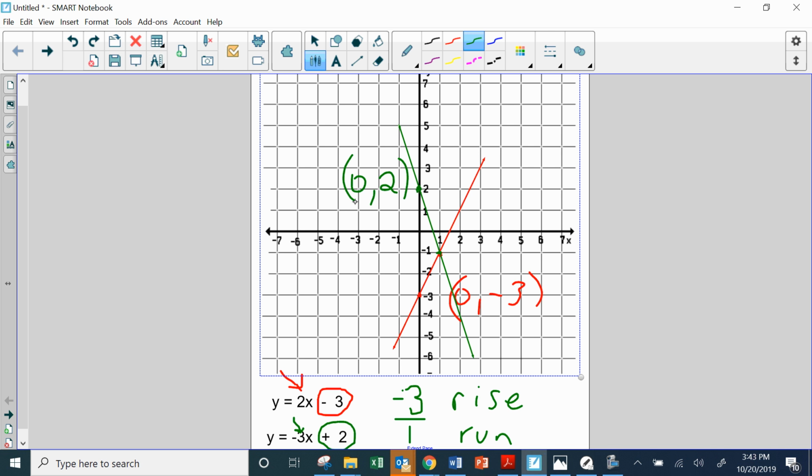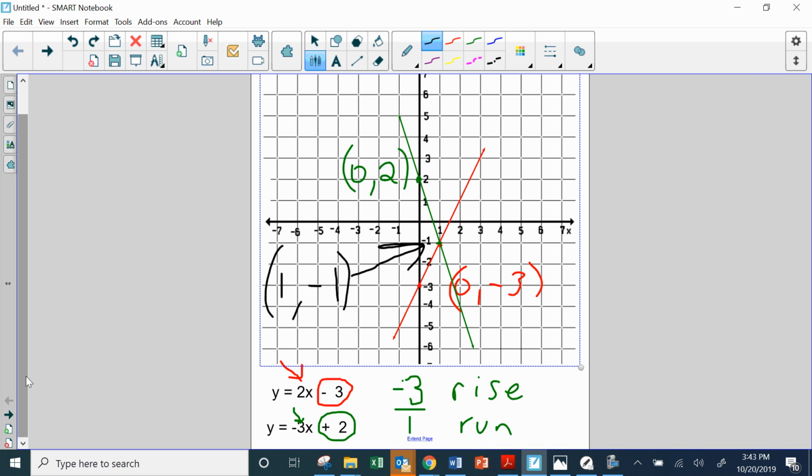And the point that works as the solution is this point right here, where they cross, and where they cross is 1, -1. So that means that 1, -1 is on both lines, because that's where they cross, which means it works for both equations. So if I were to plug in 1, -1 into both equations, it should make both equations true.